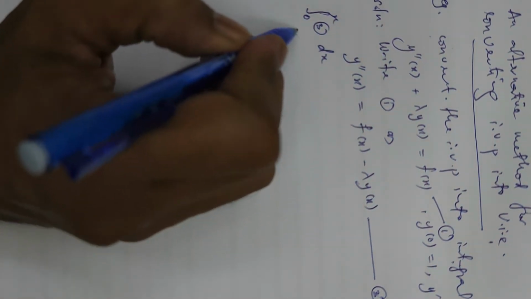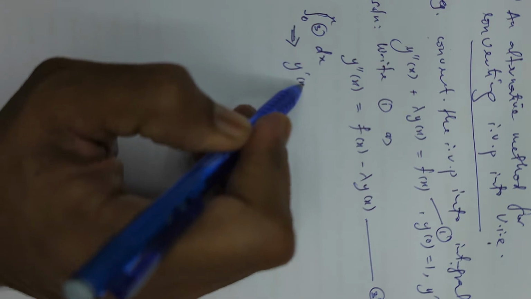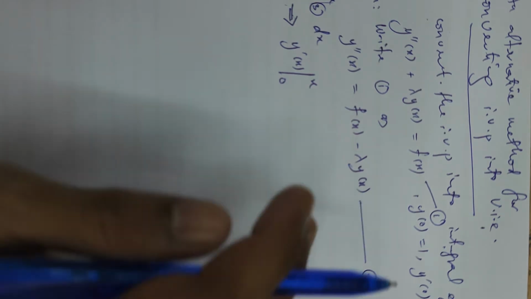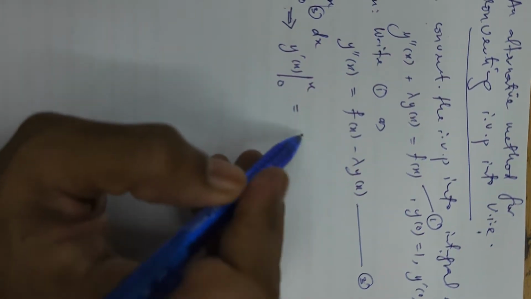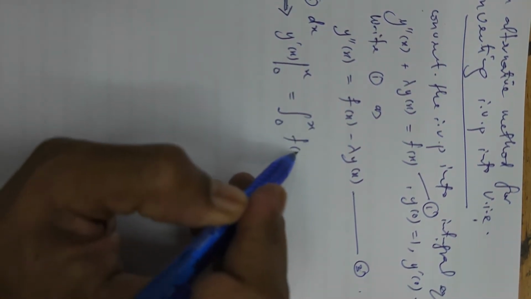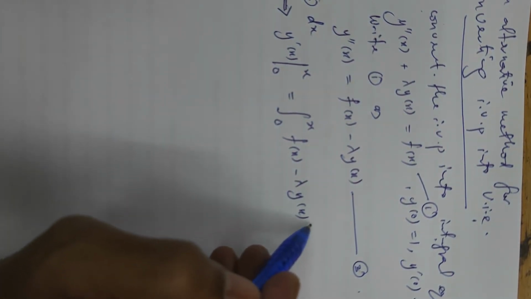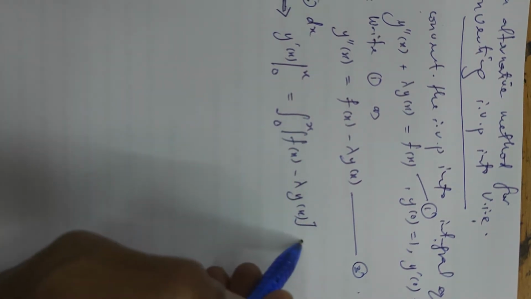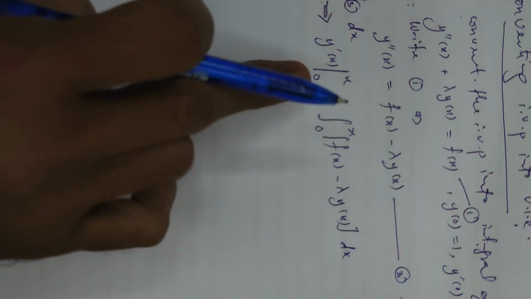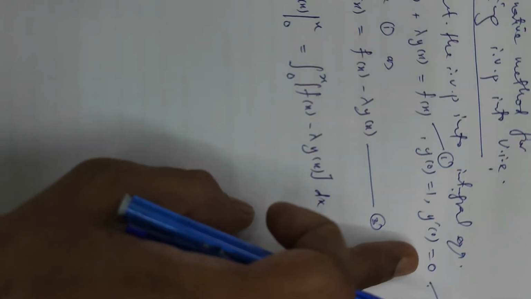So what we got is that integrating y double prime, we get y prime x evaluated from 0 to x, and then we integrate the right side from 0 to x, f x minus lambda y x dx. If we evaluate this, we have y prime x and y prime 0. For y prime 0, we can use the initial condition 2 here.